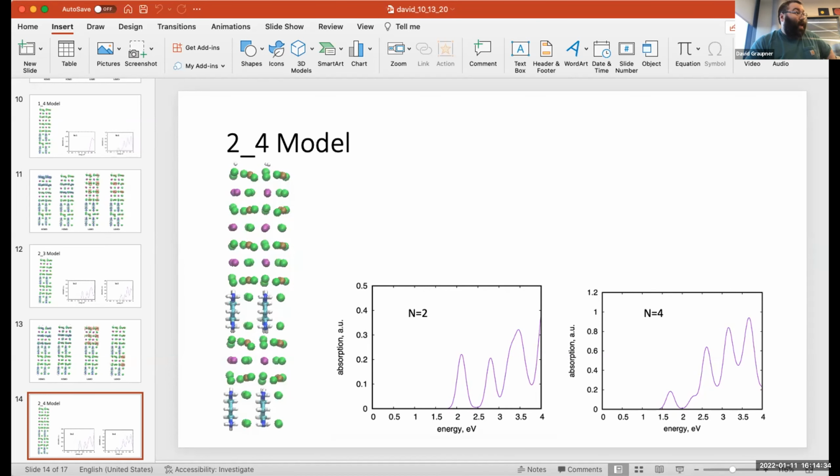So the next step that I'm currently optimizing is models where I have these multi-layers side by side, with the hope that they'll funnel electrons. Exactly, perfect. That's great. So the hope would be that they'll funnel electrons and holes to opposite ends, creating charge separation. Yeah, super.